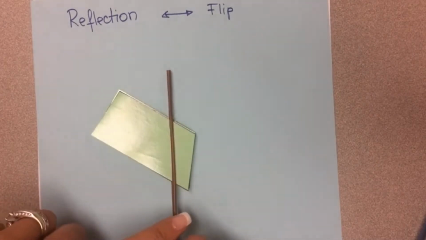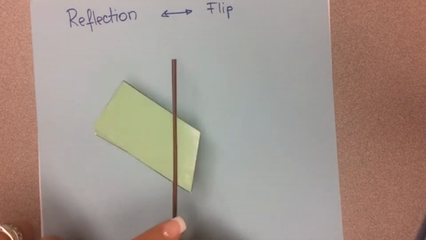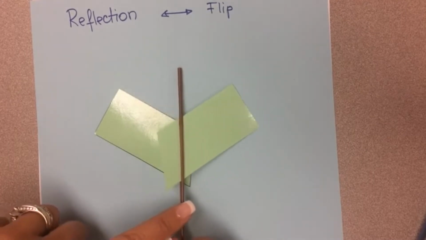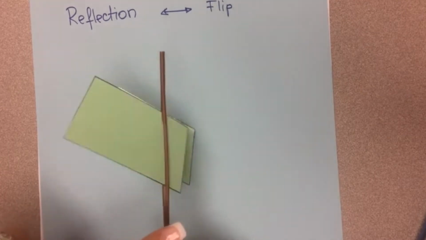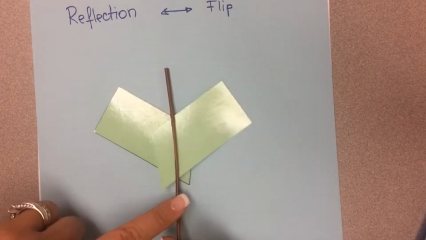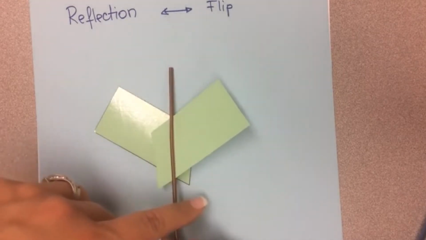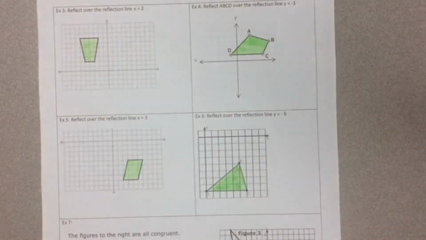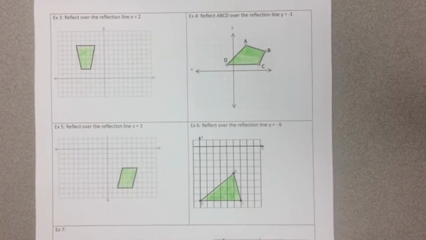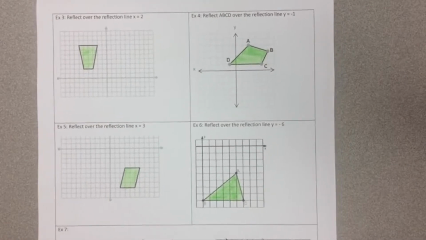So thinking about what is going to happen to the vertices of the shape if the reflection line goes through it, let's see a few examples of line outside and line going through the shape.